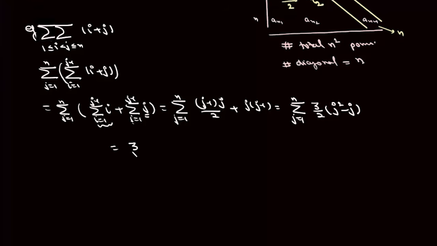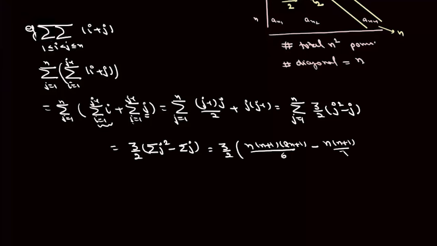Now we can write this as 3 by 2 summation j square minus summation j. Now this is 3 by 2, summation r square is n into n plus 1 into 2n plus 1 by 6, minus summation j, which is n into n plus 1 by 2.